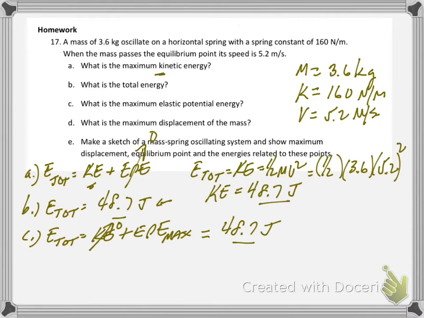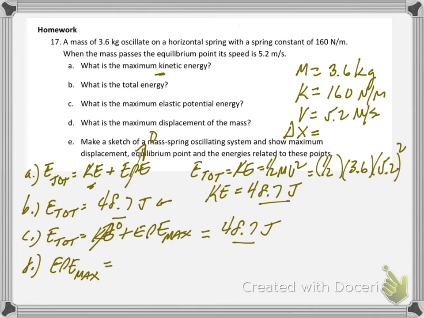D, what's the maximum displacement? Well, for maximum displacement, we're looking at x, delta x, right? Delta x is part of EPE. So when we have our maximum EPE, the spring will be squashed or stretched to its maximum capacity.